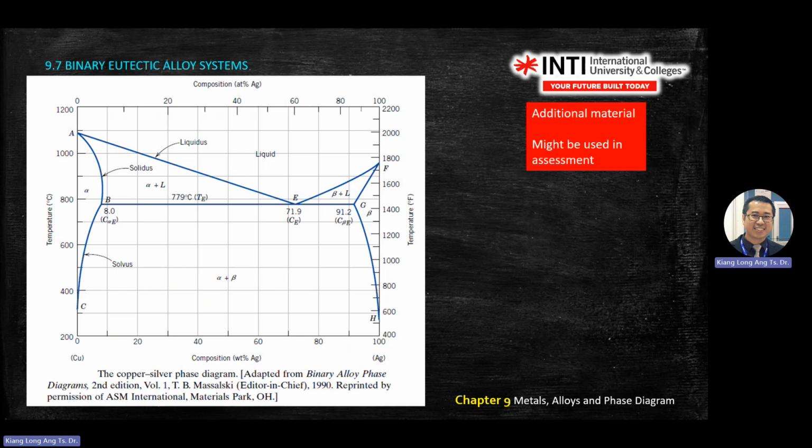What is the eutectic temperature? Here, about 750. About there, or 700, maybe 780, maybe. As long as you understand.